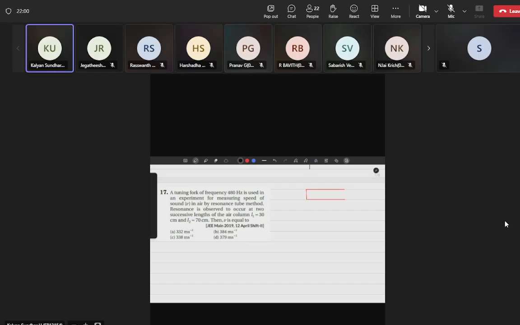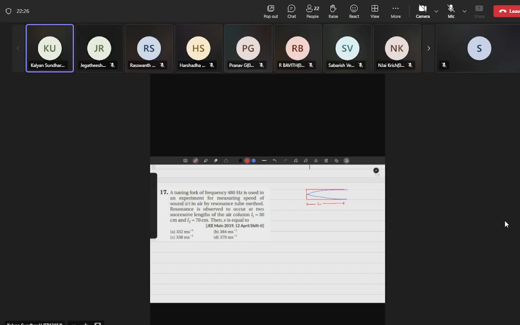Listen here. So this is a resonance tube, which is a closed organ pipe. One end will be closed. And this is the fundamental frequency which is forming, the initial fundamental frequency in this case. Now this will be a total length L. Apart from this there is something called the end correction.